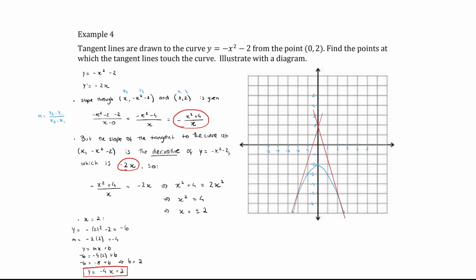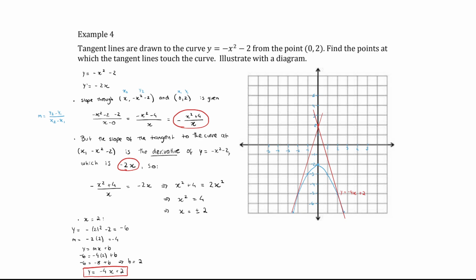Okay. In particular, we know that we have a negative slope, so we know that it is going to be this line right here. That line is going to have equation y is equal to negative 4x plus 2.